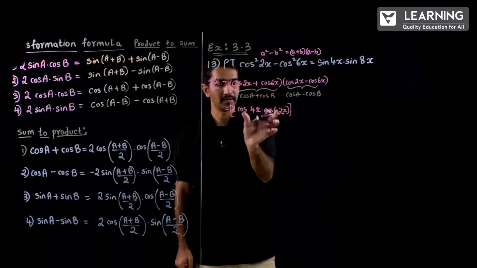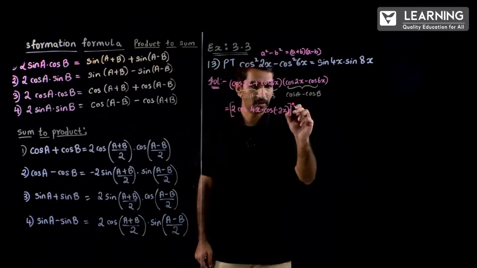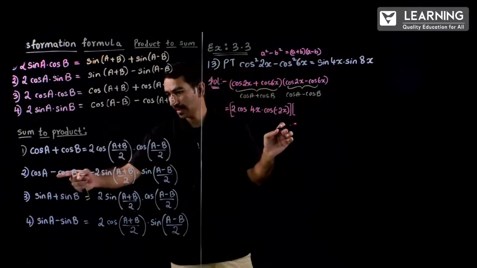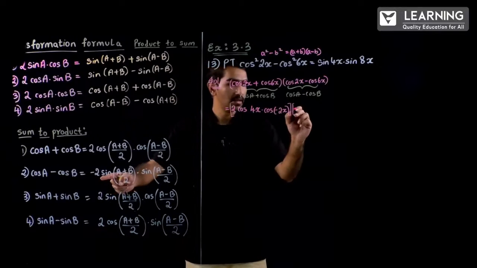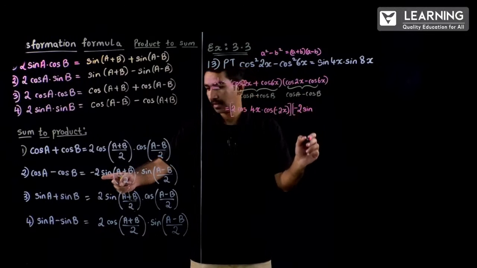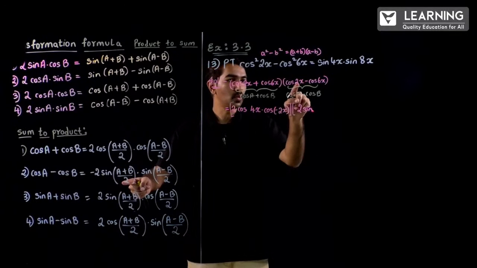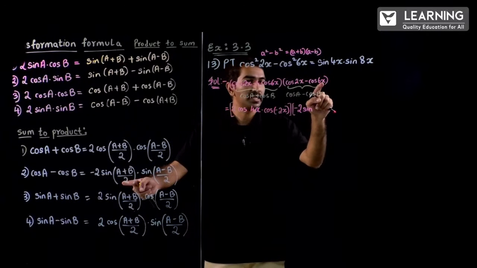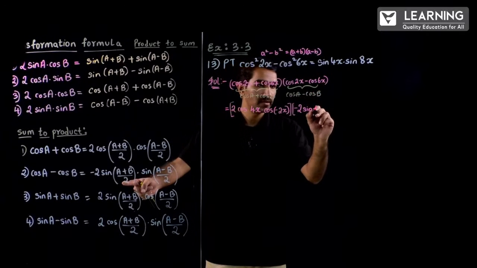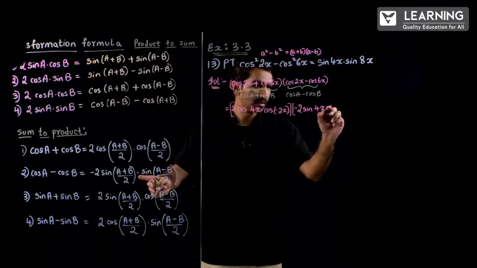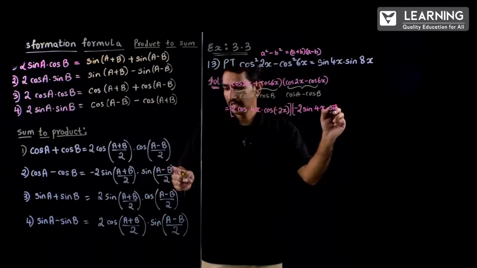So this is done. Now writing here, we will open the bracket again. Cos a minus cos b. See here students, cos a minus cos b. Minus 2 sine. So start with the minus. Minus 2 sine a plus b by 2. 2x plus 6x divided by 2. 2x plus 6x, 8x. 8x by 2 is 4x. Into sine a minus b by 2.